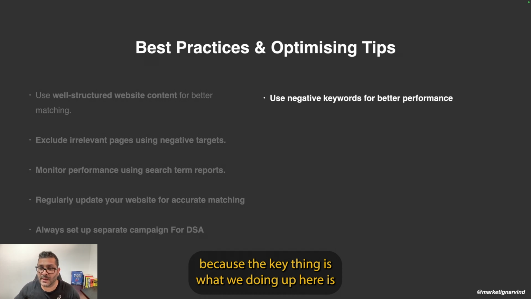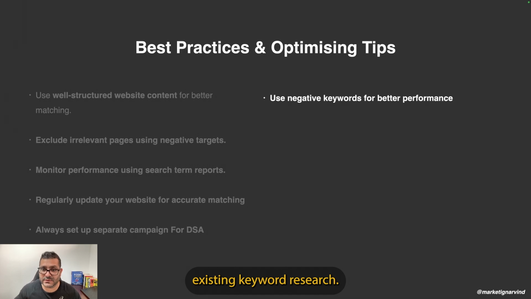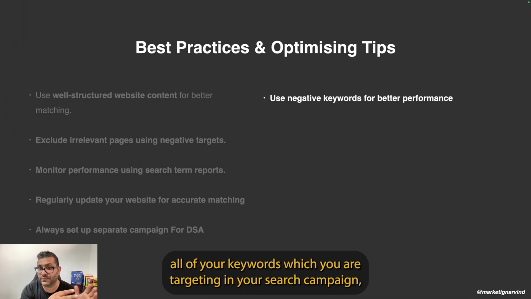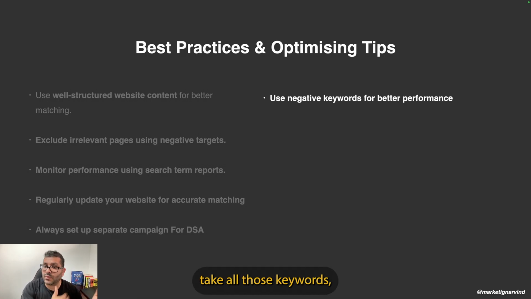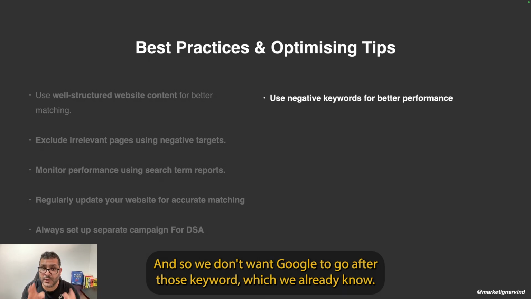This is a very crucial tip while you're running a dynamic search ad, because the key thing we are doing here is trying to find new keywords which we haven't found in our existing keyword research. So what you need to do is take all of the keywords which you are targeting in your search campaign and put them as negative keywords inside your dynamic search ad. We don't want Google to go after those keywords which we already know.